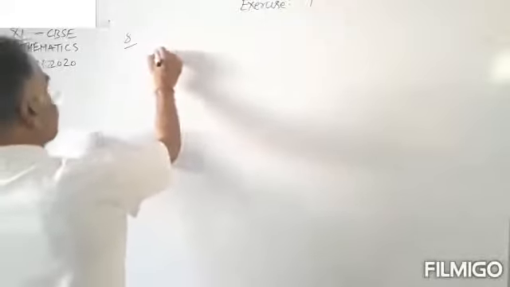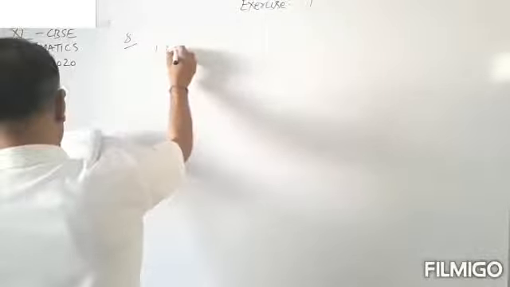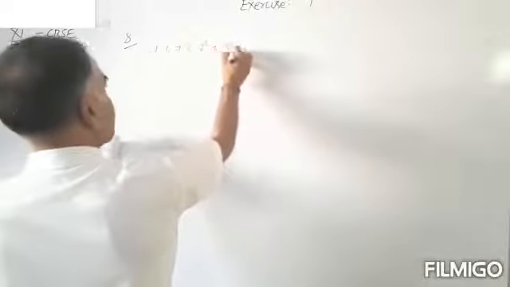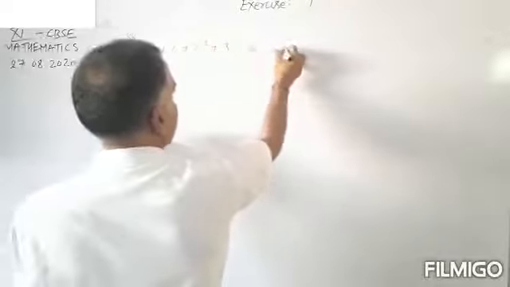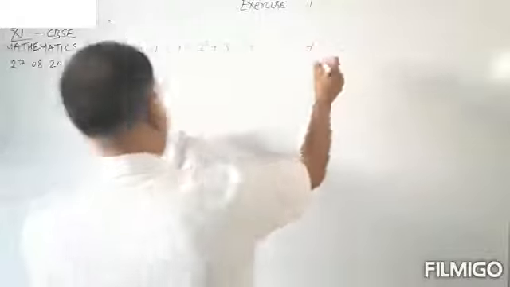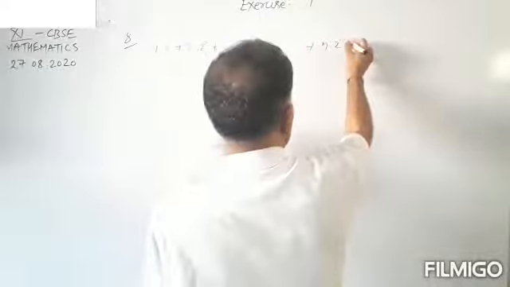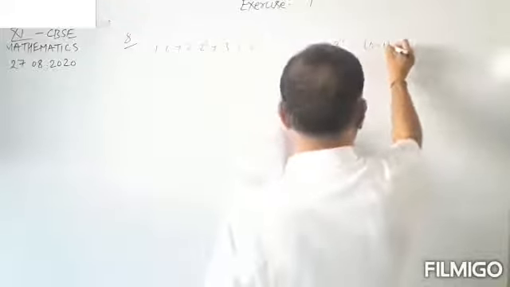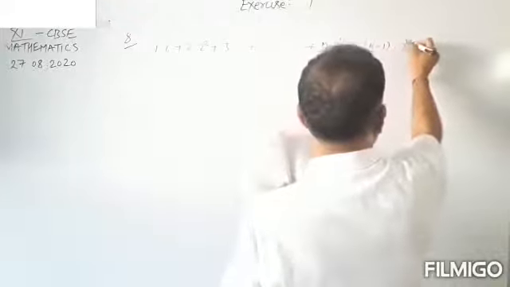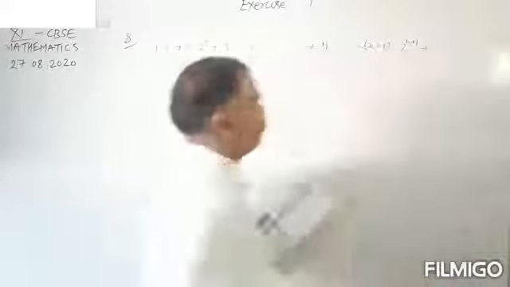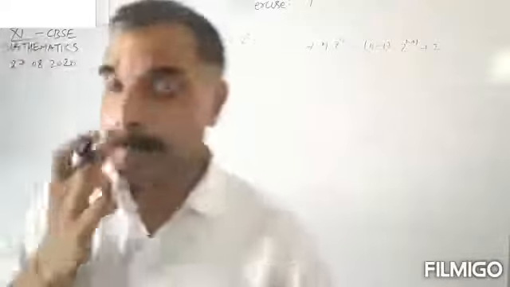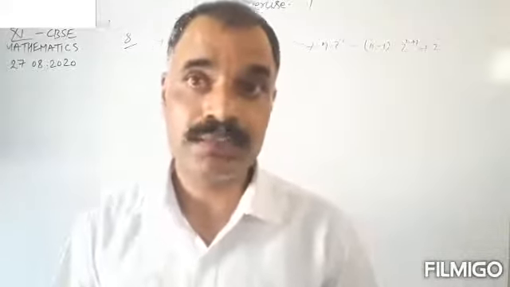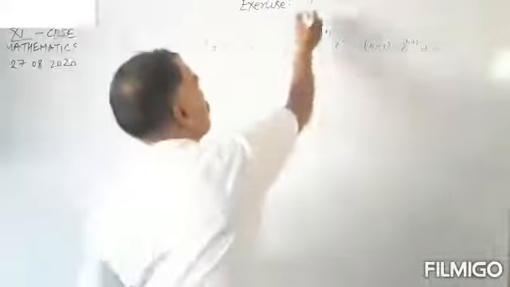Question number 8 is 1 multiply 2 plus 2 multiply 2 square plus 3 multiply 2 cube plus and so on plus n multiply 2 to the power n is equals to n minus 1 2 to the power n plus 1 plus 2. So this is question number 8 of exercise 4.1.